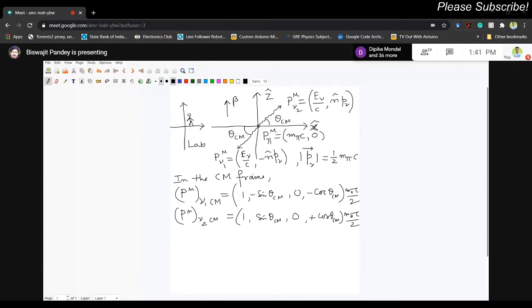And now we want to calculate the 4 momentum of the two photons in the lab frame. As I told you, many of you may have confusion about the prime frame and unprime frame; they are just labels. We attach some label to two different inertial frames. As I told you, in relativity there is no special status to any inertial frame. So you have to be careful when you are applying a Lorentz transformation.